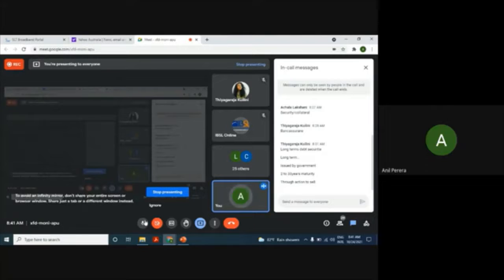What is the FX forward contract? How do you define it? How do you explain an FX forward contract?